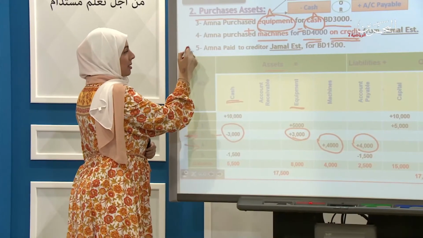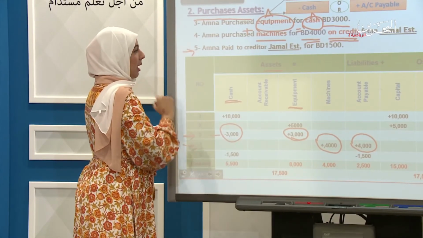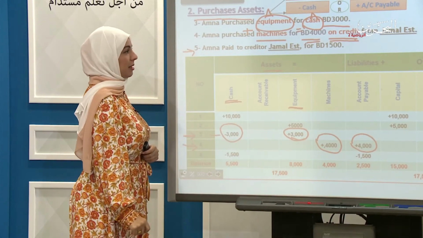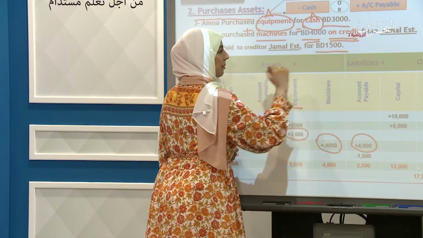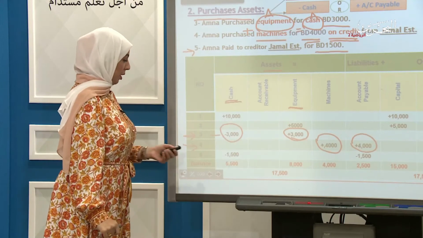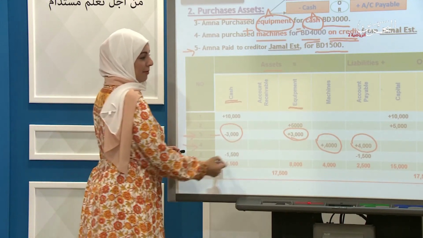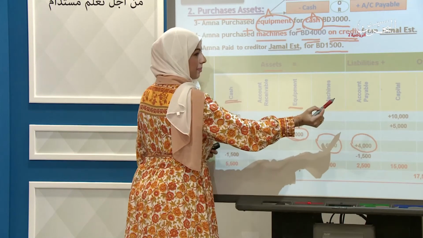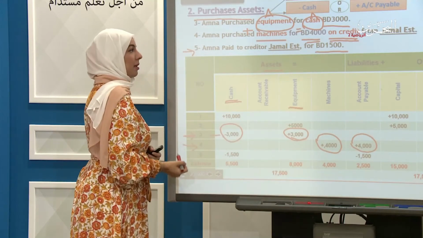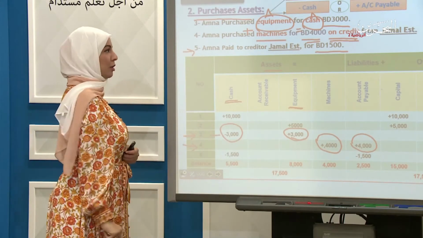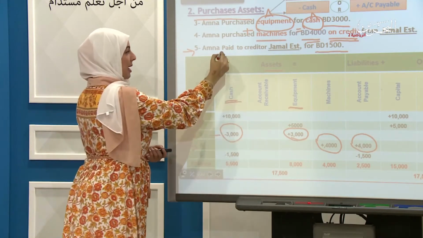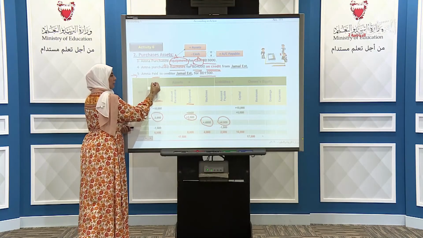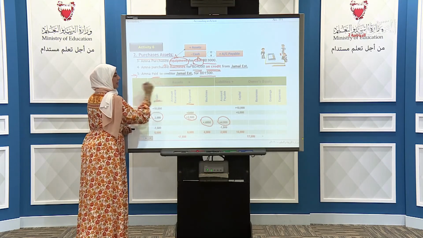Moving to the last transaction in this part, Amna paid to creditor Jamal establishment 1,500. Before, in transaction 4, I have a liability of 4,000. In transaction 5, I pay part of this liability. If it is paid, the cash for me will decrease.